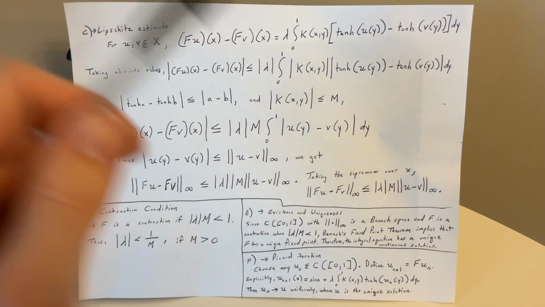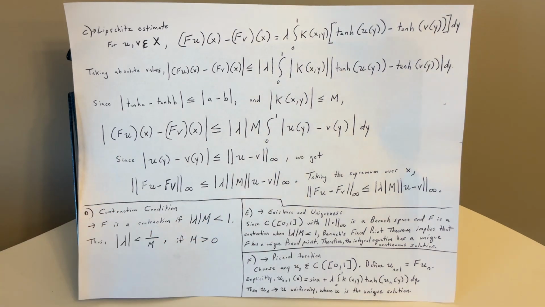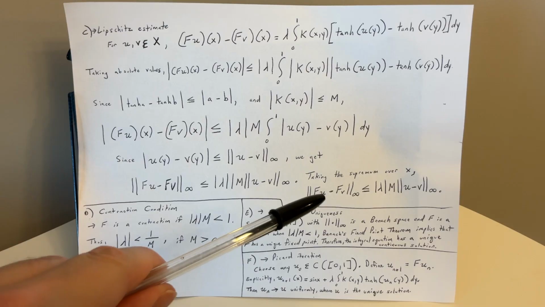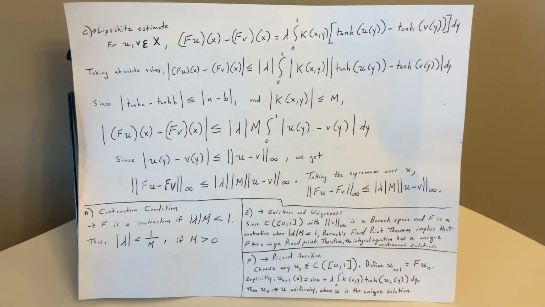Taking the supremum over x, we get the norm of F u minus F v, infinity, less than or equal to the absolute value of lambda, times M, times the norm of u minus v, infinity.